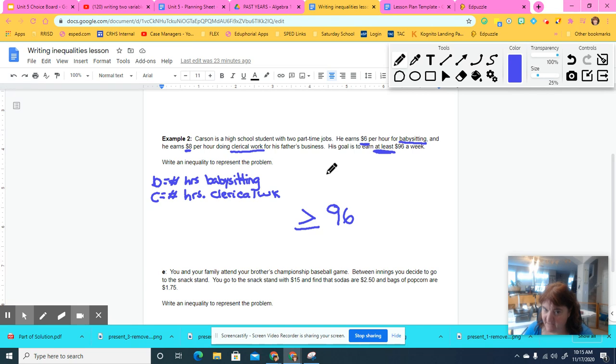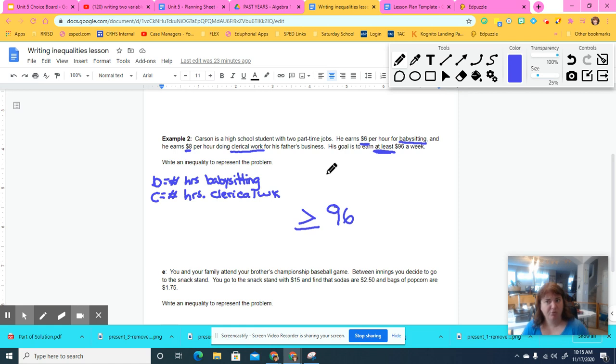So we're going to write an inequality to represent the problem. That at least gave me a clue. It needs to be greater than or equal to 96, because that's the smallest amount he wants to make.